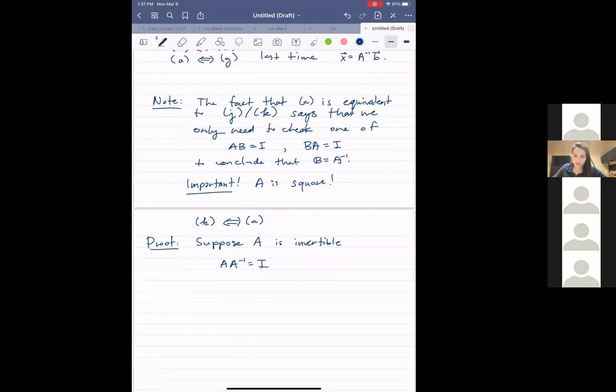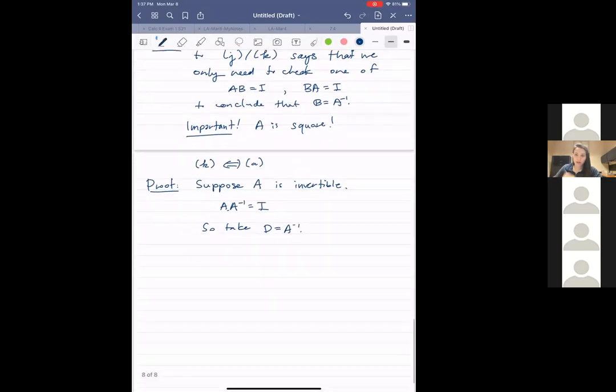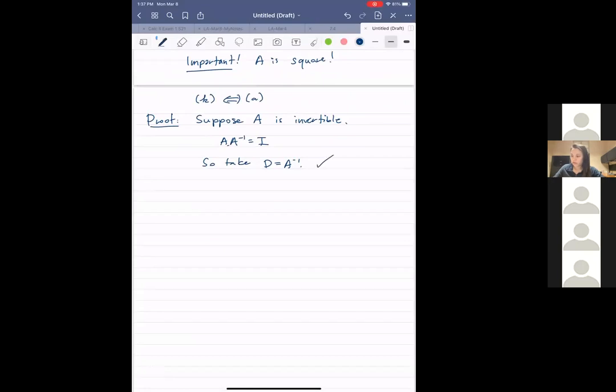So A is invertible, so take D to be A inverse, right? So that one implication is pretty straightforward. That one wasn't hard. We're done with the first one.